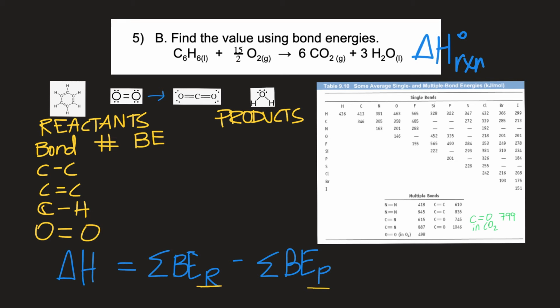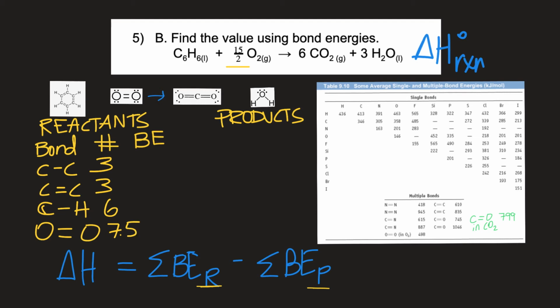So our carbon-to-carbon single bonds, there's 3 of those, and we only have a 1 in front of the C6H6, so we're good there. Same thing with the carbon-to-carbon double. Carbon to hydrogen single, there are 6 of them. Now, oxygen to oxygen double bond, there's only 1 per molecule, but there are 7.5 molecules. So we have to have a 7.5 there.